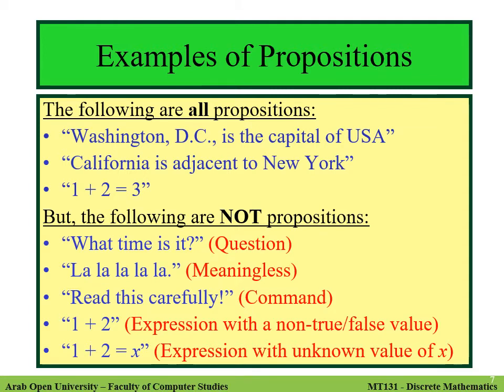This is an example of a proposition. In this case, the truth value is false. Third statement is a mathematical equation, 1 plus 2 equals 3. This is a proposition that is true. If I write 1 plus 2 equals 5, this will be a proposition with a false truth value.